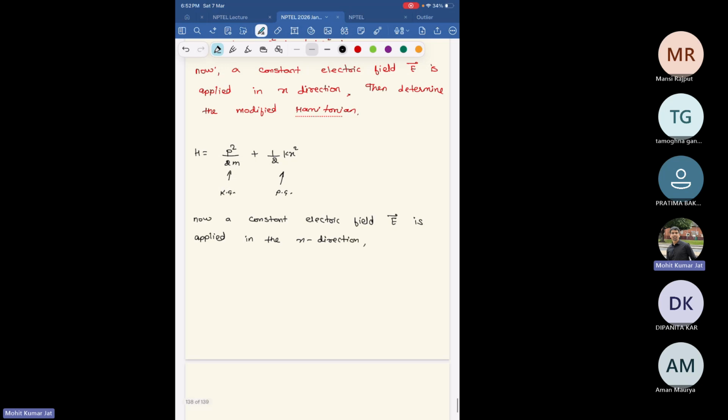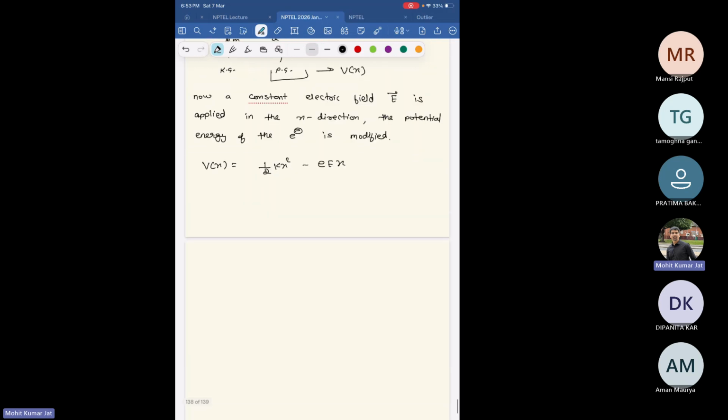The potential energy of the electron is modified, and the modification goes as follows. Let me represent the potential energy with V(x), which equals half k x square minus the electric field times the x position.